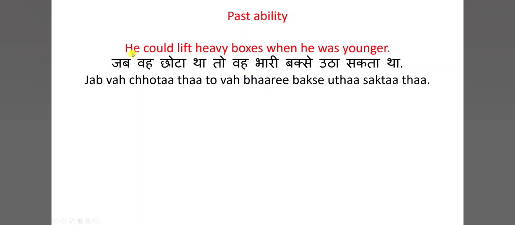Since the sentence talks about past ability, we have used the be verb for past tense. Okay, since this is past, this also has to be past. Tha. All right, and this is also selected according to he.